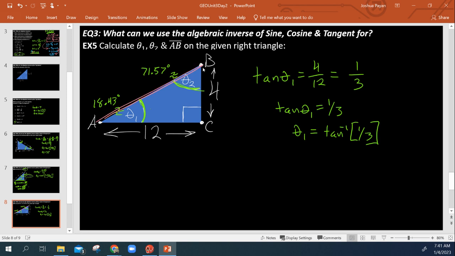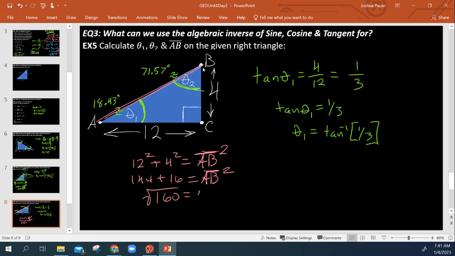And I'm just going to use the Pythagorean theorem just to prove a point. So leg squared plus leg squared equals hypotenuse squared. Right, so 144 plus 16 is equal to our hypotenuse squared. 144 plus 16, that's 160.